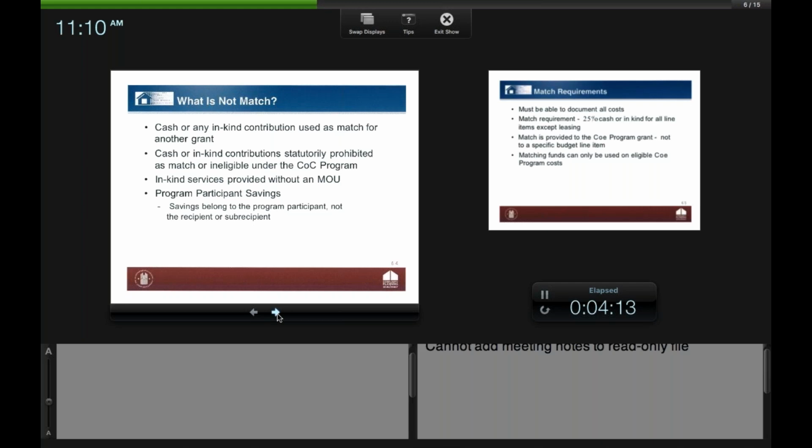Then those funds cannot be counted as match. Similarly, if an individual receives Medicaid or Medicare directly, those costs cannot be counted as match.